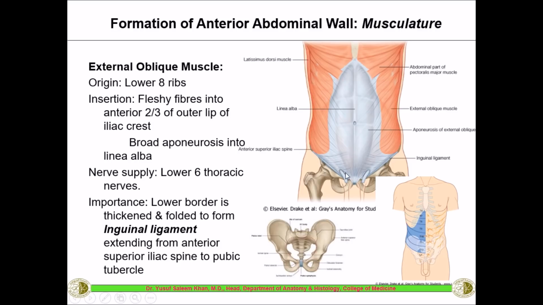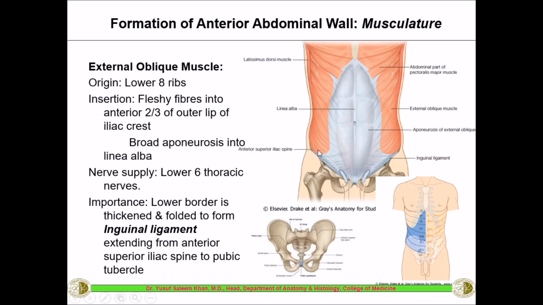So this whole thing extending from the anterior superior iliac spine up to the pubic tubercle is called the inguinal ligament. The inguinal ligament is not a true ligament, but it is just the modification, the aponeurotic part of the external oblique muscle. And what is a ligament? It is connecting between two bones. Usually it will be a fibrous structure, connecting two ends of the bones.